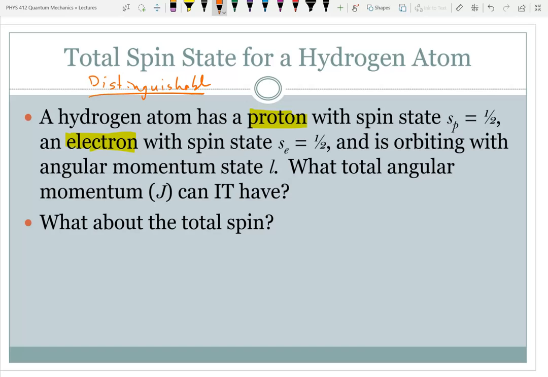And so the proton has a spin of 1/2 and the electron has a spin of 1/2. So what is the total angular momentum I can get in this case? Actually, let's answer the second one first. What's the total spin I can get?